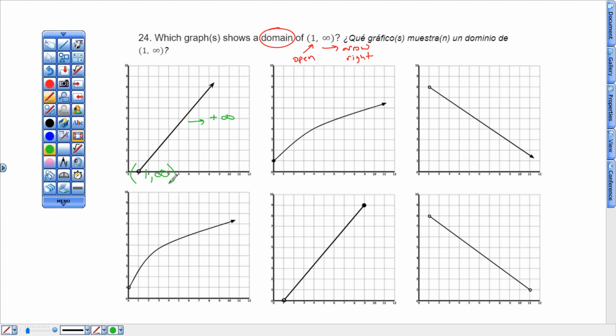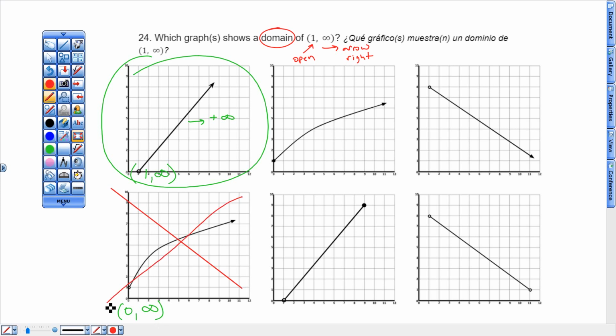So this one right away is good. If I look at the one underneath it, this is rounded on 0 going to positive infinity. So since that's 0 there, I cannot choose that one. That one's no good. If I look at this guy, this one's starting at square bracket 0 to positive infinity. And since I'm looking for open round, and this is square, this is no good.